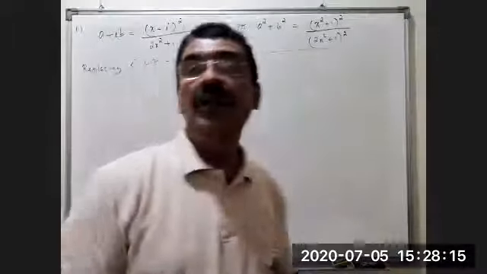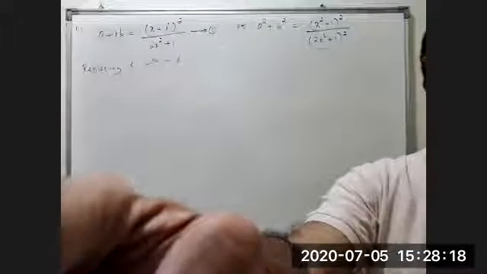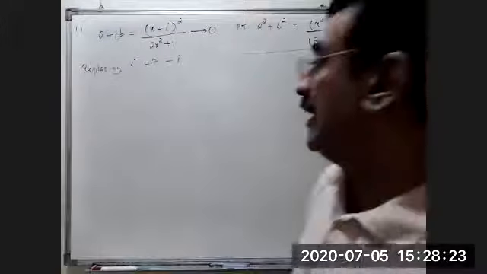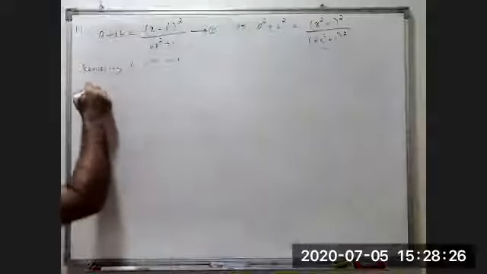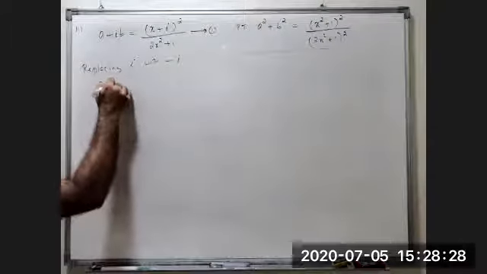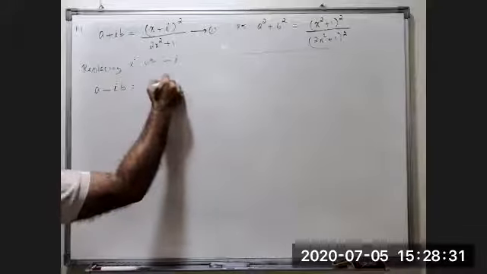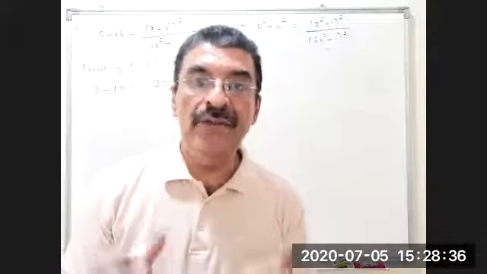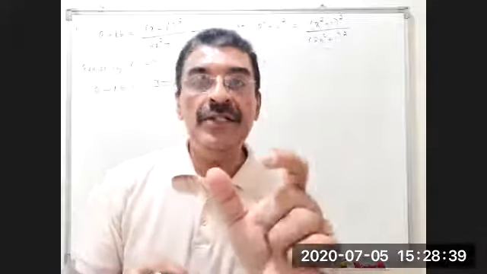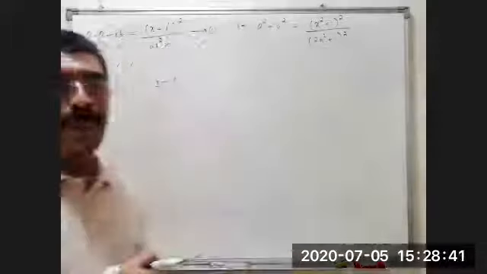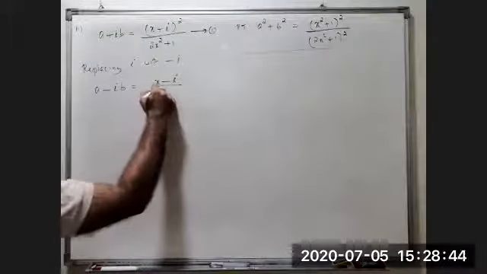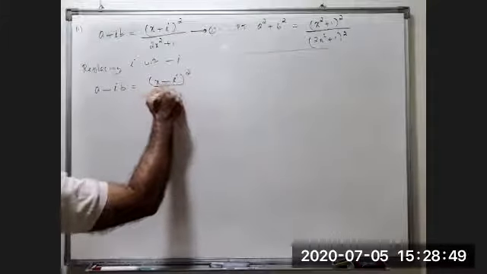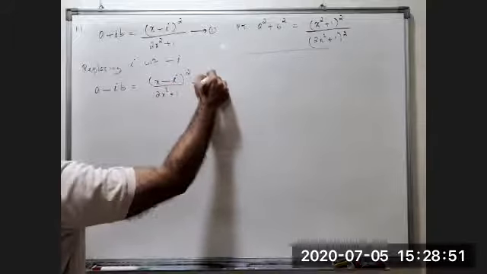We are not using the word conjugate because conjugate has a different meaning. So replacing i with −i, we get a − ib. a − ib is (x − i)² by (2x² + 1), equation number 2. Wherever i is there in the given expression, change i to −i. That's all.